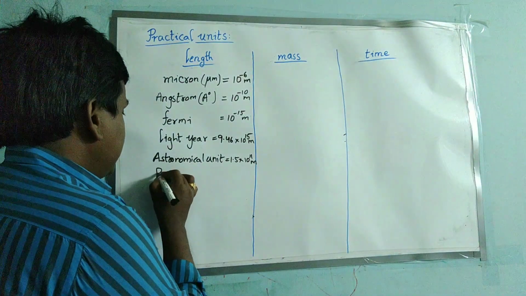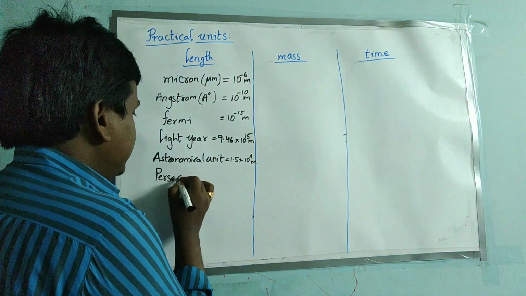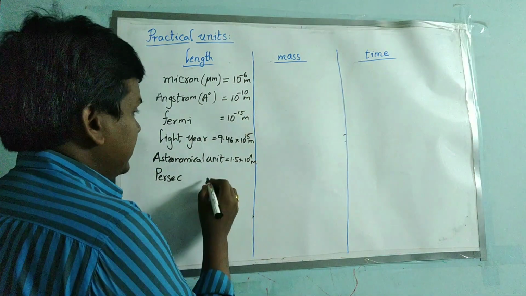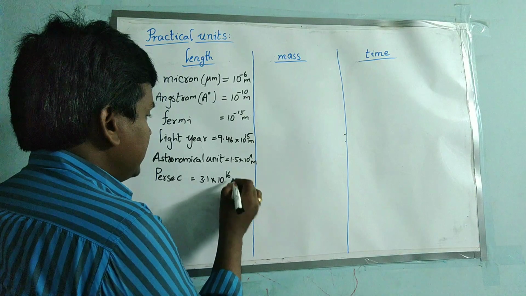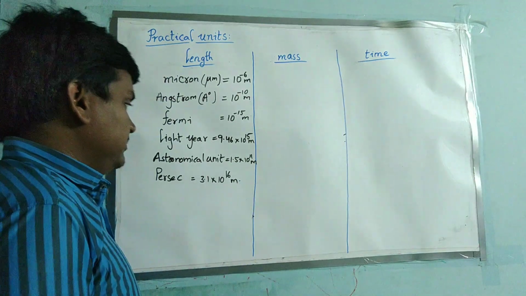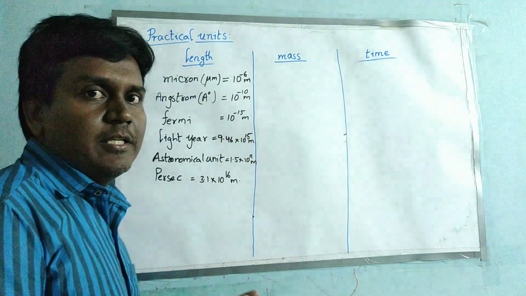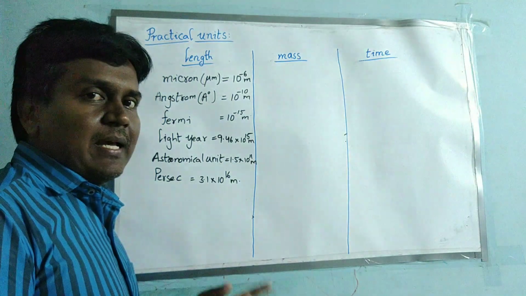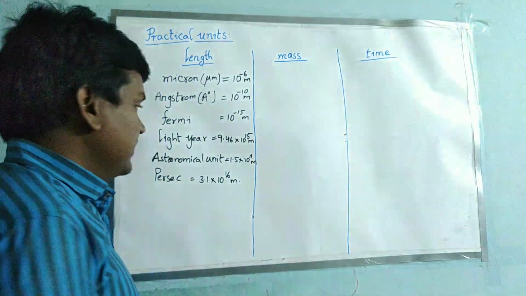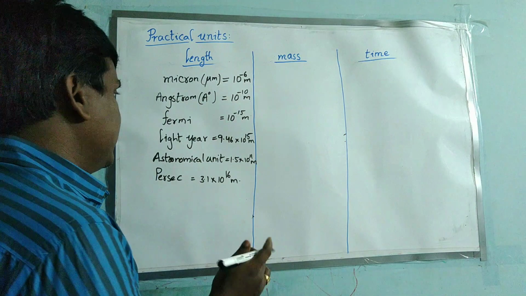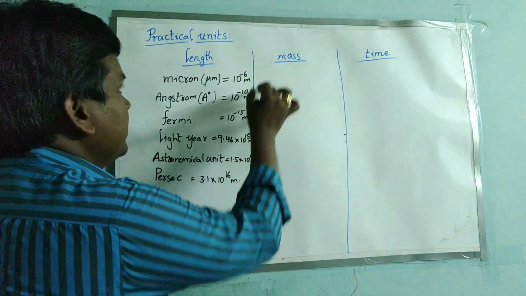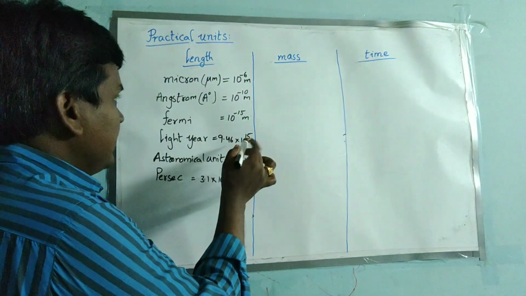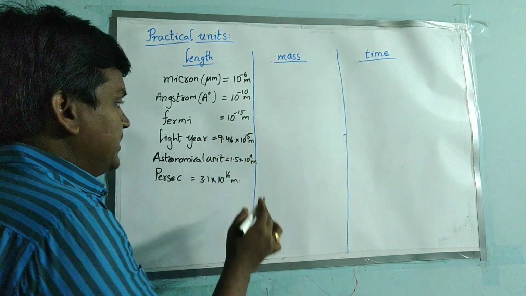And next, parsec. Parsec is also a unit of length, and the value is 3.1 into 10 to the power of 16 meter. This is used to measure the distance between a star and another star, or a galaxy and another galaxy. Here, these three units are very small units, and these three units are very large units.